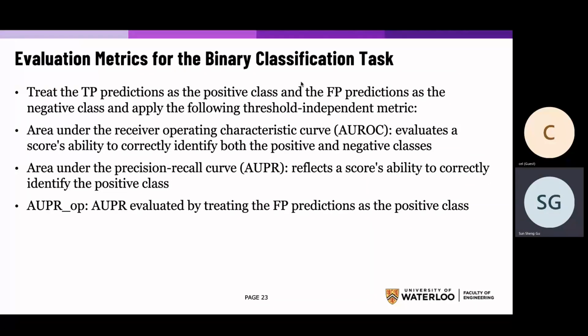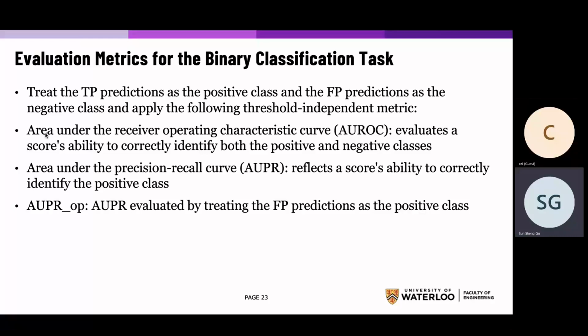All right, so of course we can't just draw concrete conclusions by looking at the distribution plots. We need to have metrics specifically designed for binary classification tasks. So let's say we just treat the TP predictions as the positive class and the FP predictions as the negative class. And we can apply the following threshold independent metrics.